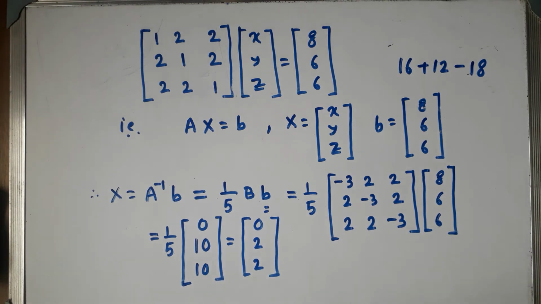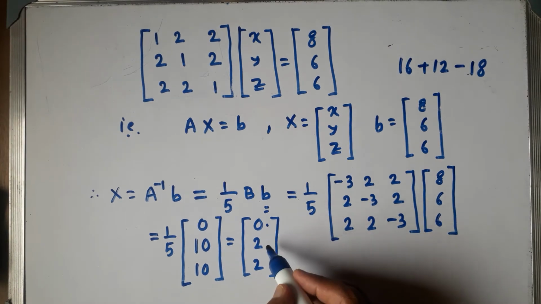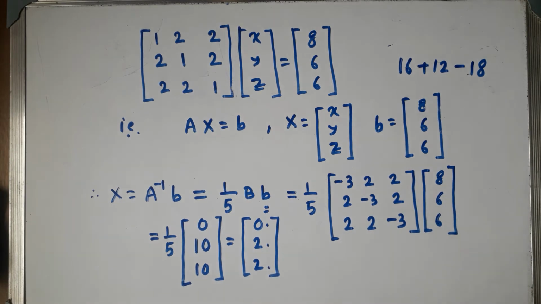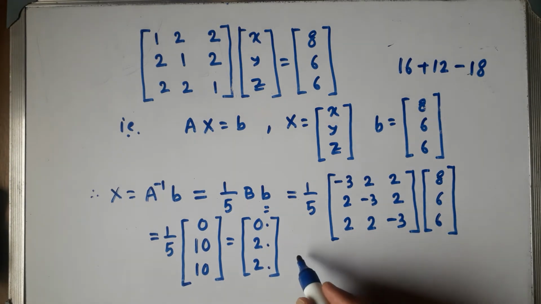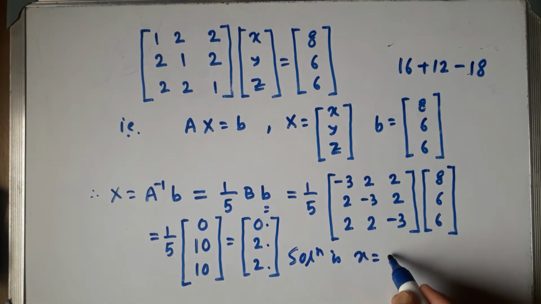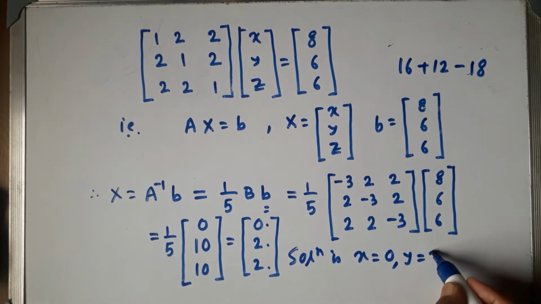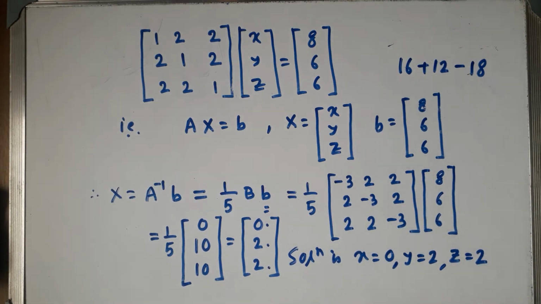So that means the value of x is equal to 0, the value of y is 2, the value of z is 2. Therefore, the solution is x equal to 0, y equal to 2, z equal to 2.